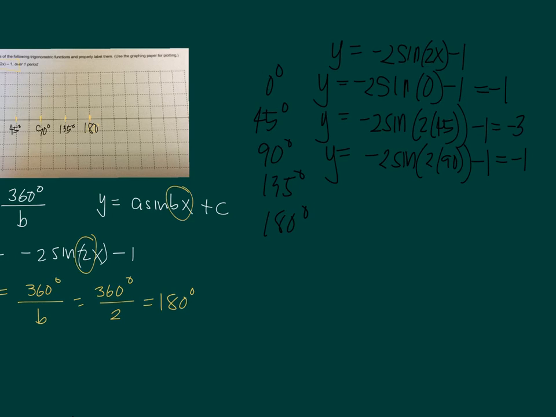If it's 135, negative 2 sine of 2 times 135 minus 1, just use your calculator, and we have 1. And when it's 180, y equals negative 2 sine of 2 times 180, that's basically 360, and then minus 1.